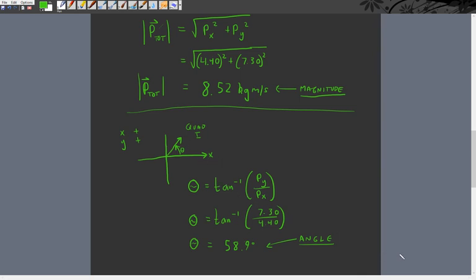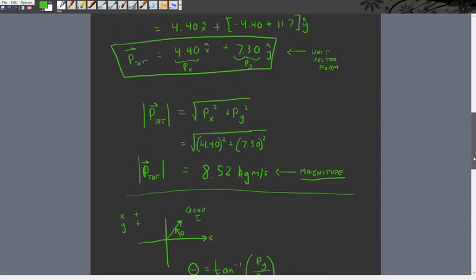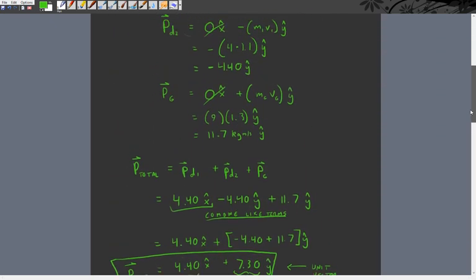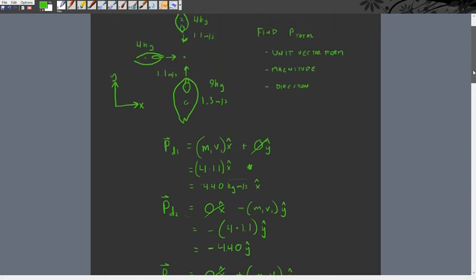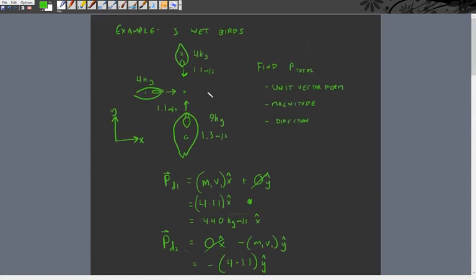Let's actually go back for a second and see if that makes sense. All right, so I'm going to go all the way back to my diagram, and I'm going to sketch out, let's see, that should be about 60 degrees right there. I'm rounding up. You know what? That kind of makes sense, because my overall momentum for the system, well, this goose is adding a very large positive value in the y direction.